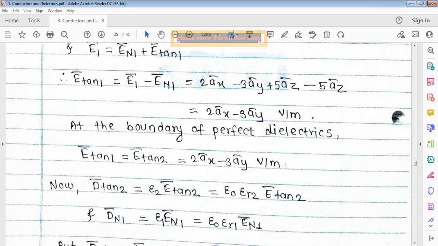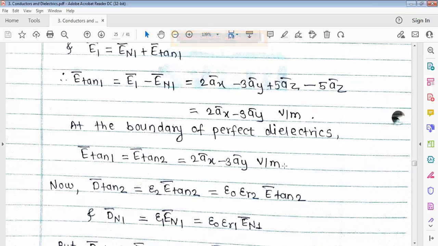Now, at the boundary of perfect dielectrics, E tan 1 is equal to E tan 2, right? We have seen this for two perfect dielectrics, when we consider two mediums having permittivity epsilon 1 and epsilon 2. For them, the tangential components of E bar are the same, and the normal components of D bar are the same.